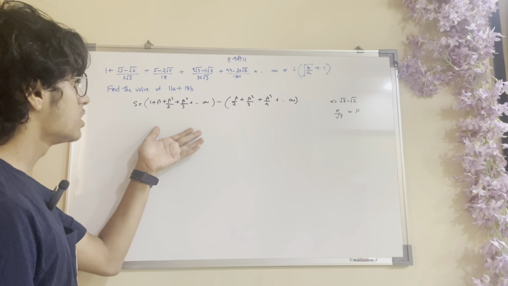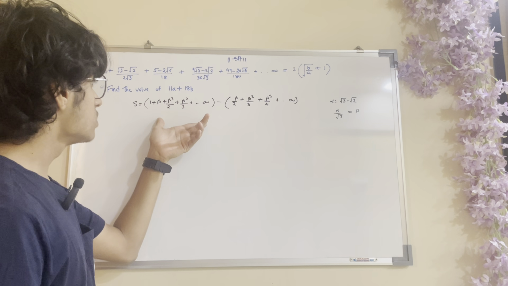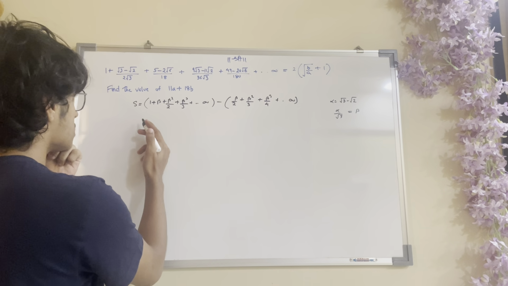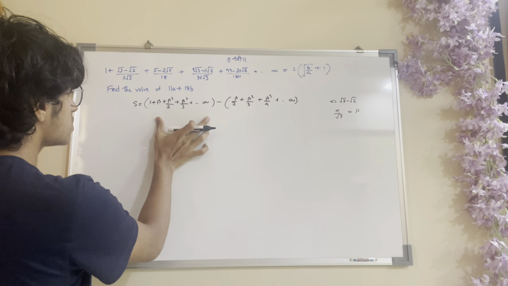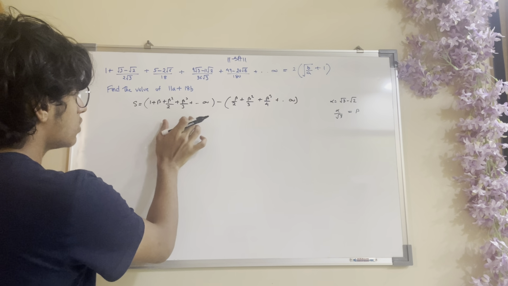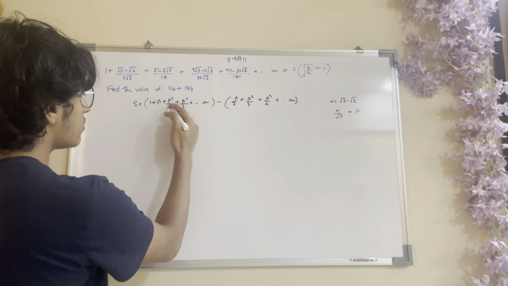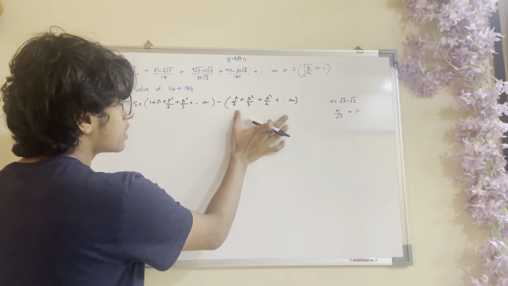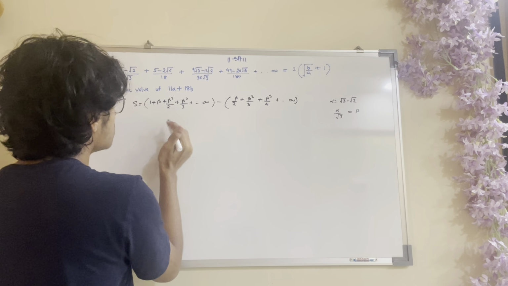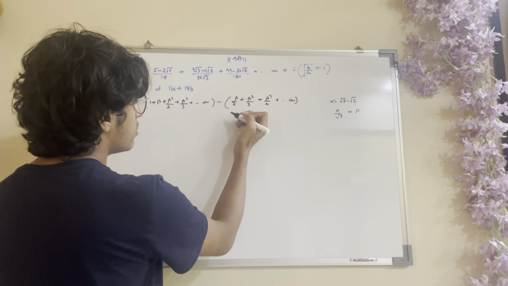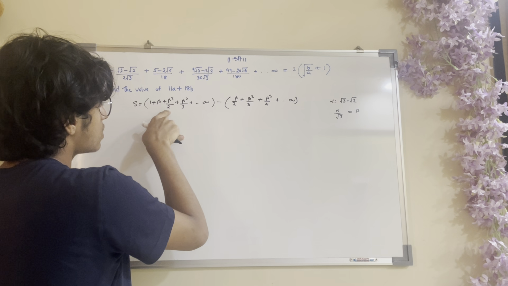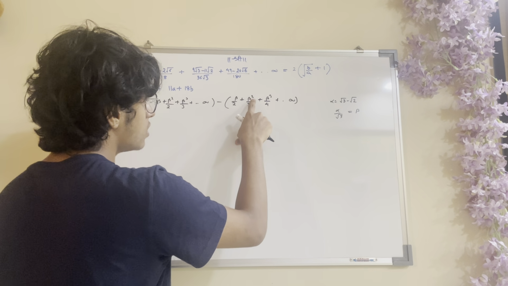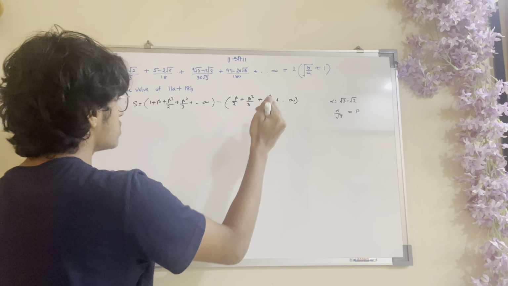So I separated these two sums from the sum that we proved or derived earlier. Now the first series contains the general form of beta power r upon r, and this can be made into this form if we multiply and divide by beta, because here we have beta square by 2, beta cube by 3, but here we need one more beta in the numerator.